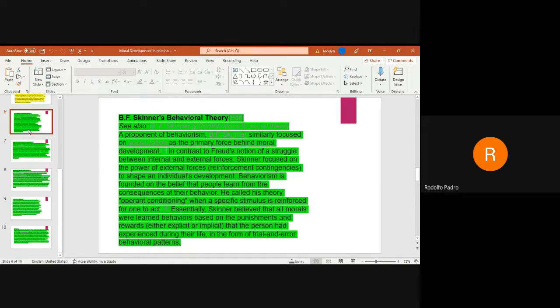That could condition the mind of the person to strive, study well, not wander around, not hang out with friends, so that they can pass the board exam. With that, the idea of Burrhus Frederick Skinner is also correct, and it is significant in imparting moral development.